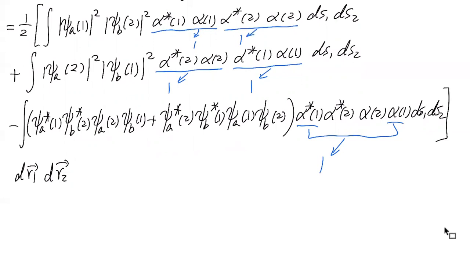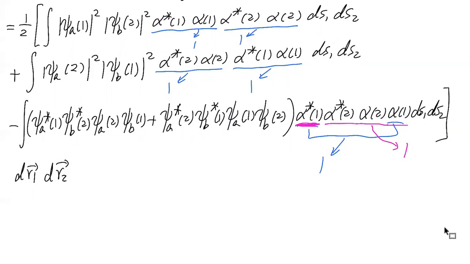So alpha star 1, alpha 1 gives you 1. And here alpha star 2, alpha 2 also gives you 1. This is where the difference comes from, right? When we have a pair of antiparallel electrons, this term, you will have alpha 1, beta 1, right?